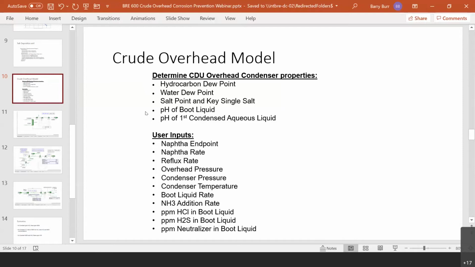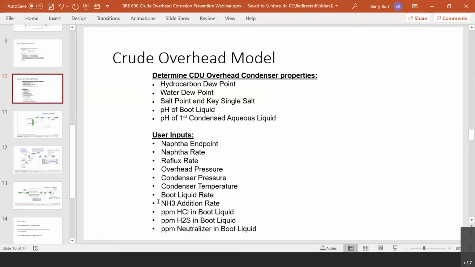What the user needs to supply to make this model work are the endpoint of your naphtha, the rate of the naphtha and the rate of the reflux, overhead pressure, condenser pressure, and condenser temperature. We also need the flow rate of the boot liquid, and any neutralizers.